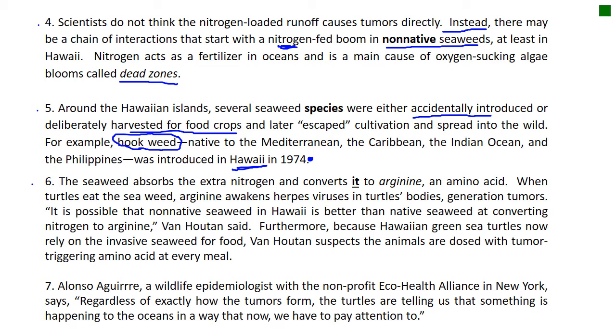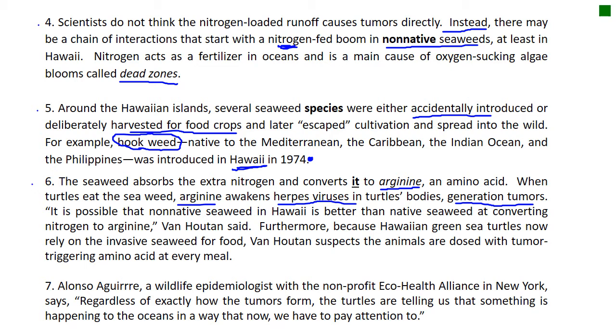Paragraph 6. The seaweed absorbs the extra nitrogen and converts it to arginine. Okay, so these seaweeds take up nitrogen and convert it to this amino acid. When turtles eat the seaweed, arginine awakens herpes viruses in turtles' body, generating tumors.